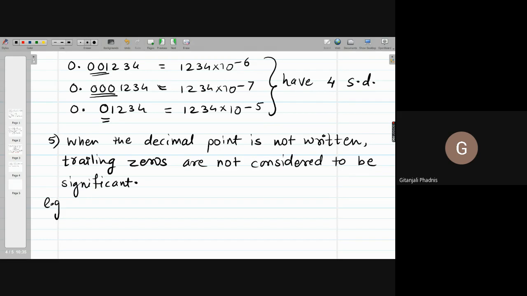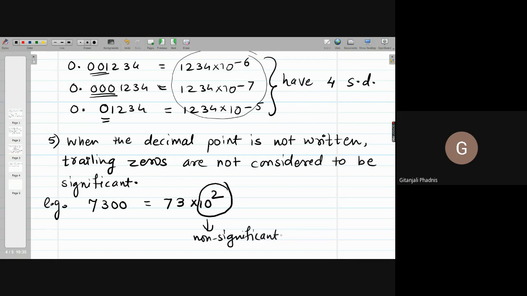For example, if I write 7300, in the above fashion I can write it in terms of powers of ten. So I can rewrite this as 73 into 10 raised to 2. Again, this part is not considered to be significant.